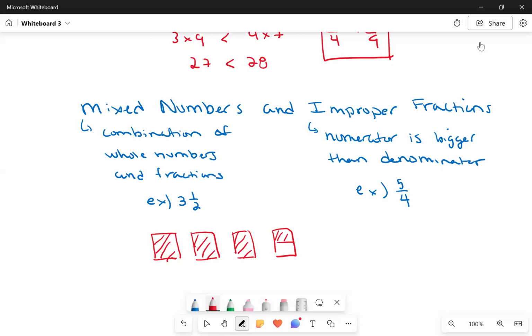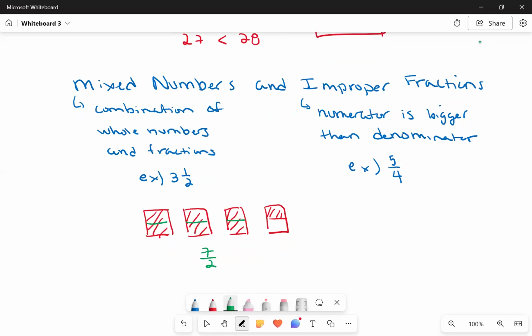But here's what's kind of cool. Because we can easily divide all the whole pieces in half, we can instead count how many halves there are. And there would be a total of 1, 2, 3, 4, 5, 6, 7 halves, which happens to be the improper fraction equivalent of 3.5.